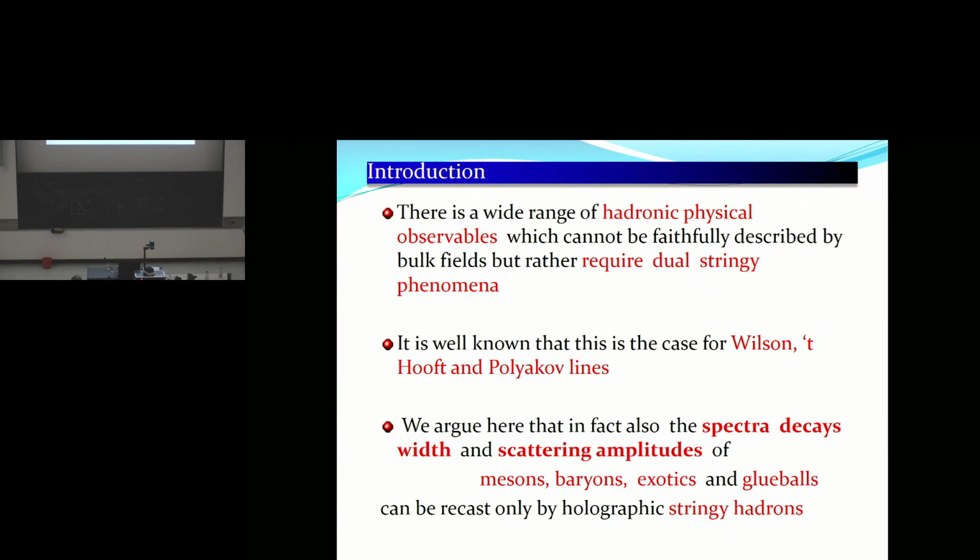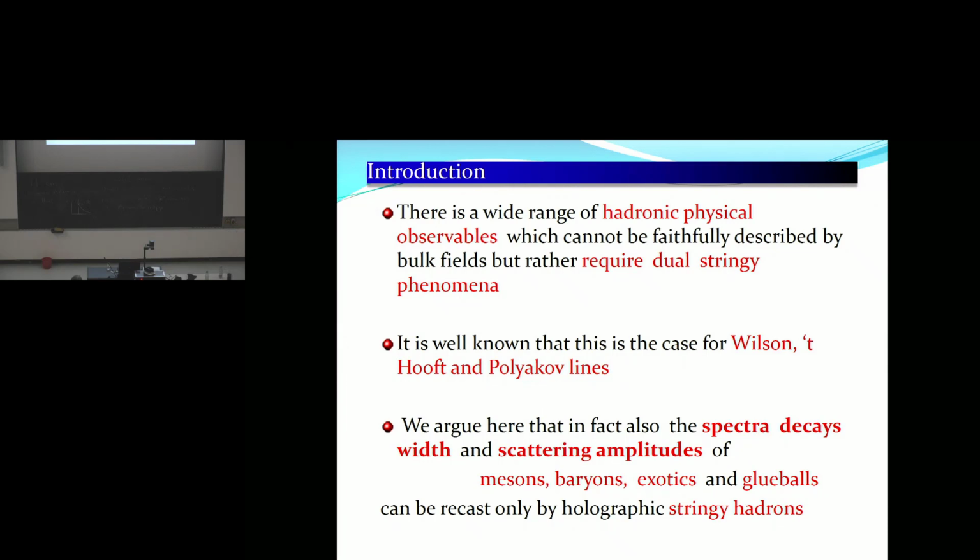We are used to Wilson lines, 't Hooft lines and Polyakov lines as stringy structures in holography. But my main point is that most of the properties of hadrons, in particular spectra, decay widths, and scattering amplitudes, are also stringy properties.